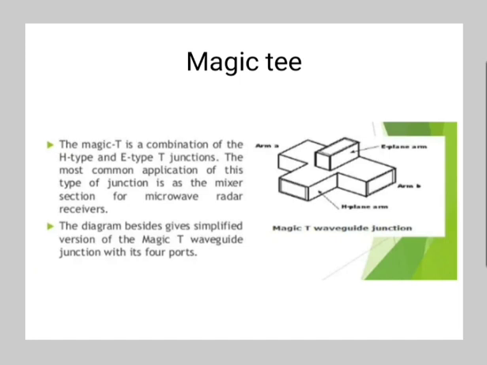The most common application of this type of junction is as the mixer section of microwave radar receivers. The diagram beside gives a simplified version of the magic tee waveguide junction with its 4 ports.